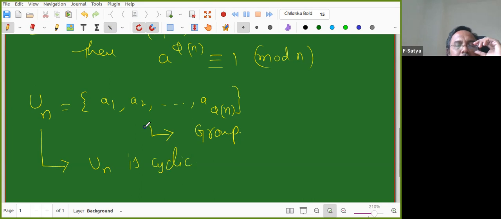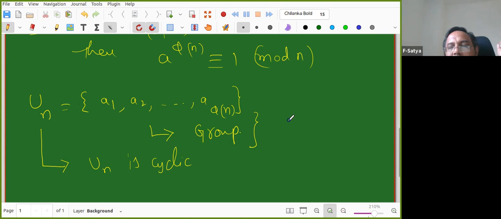Before going to the cyclic part, I want to say something. a1 to the power phi(n) is 1 mod n, a2 to the power phi(n) is 1 mod n, like that.